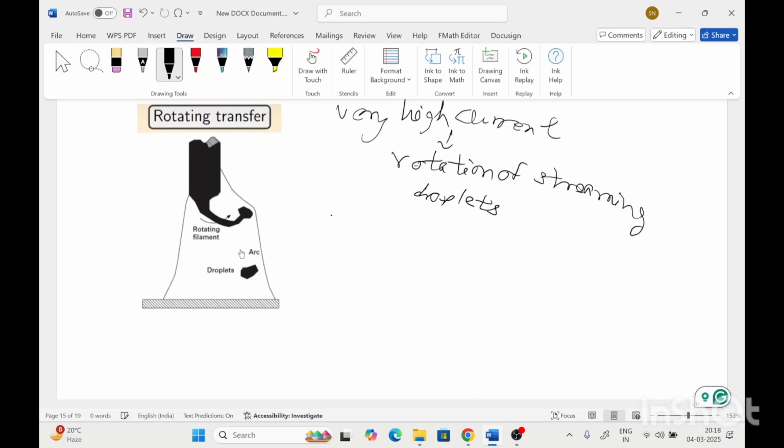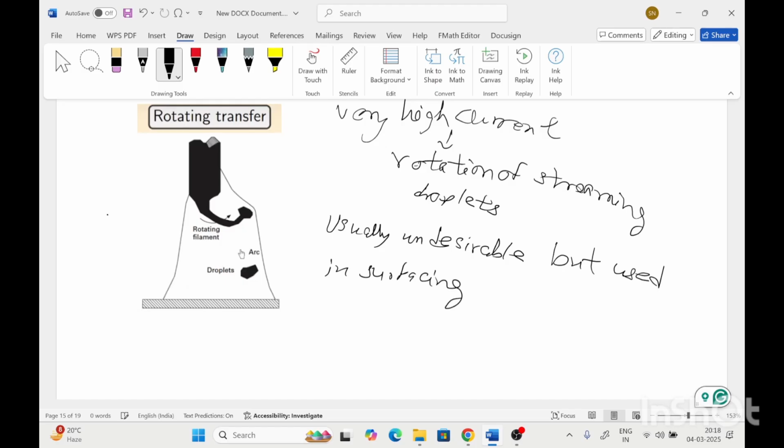So this transfer is usually undesirable, but used in surfacing applications.